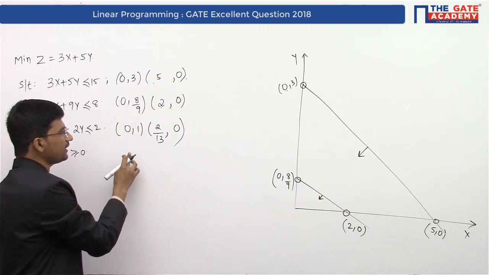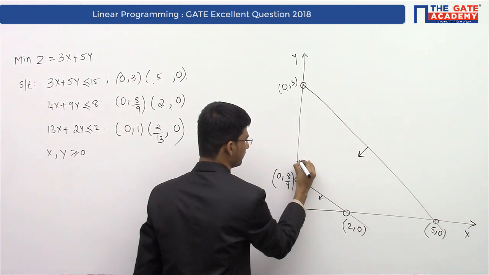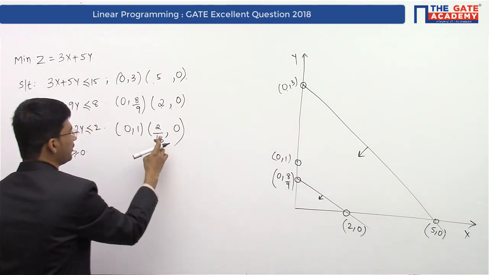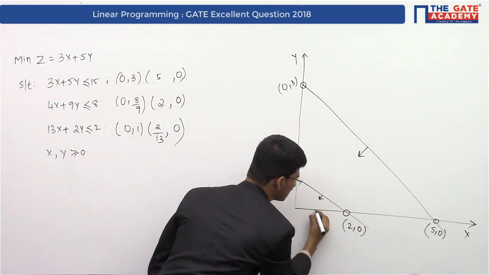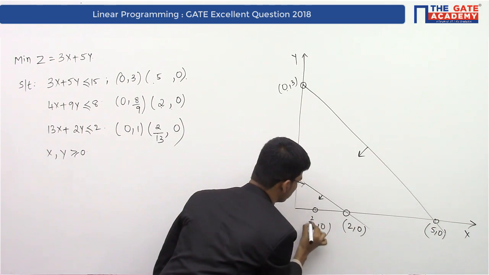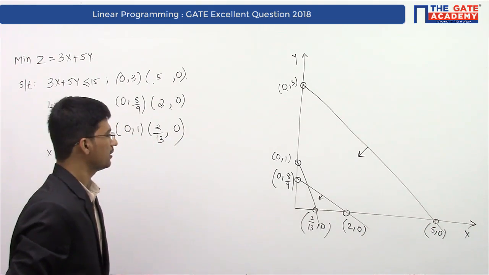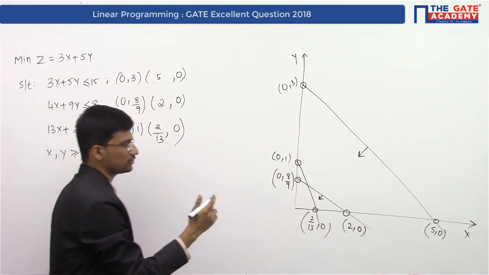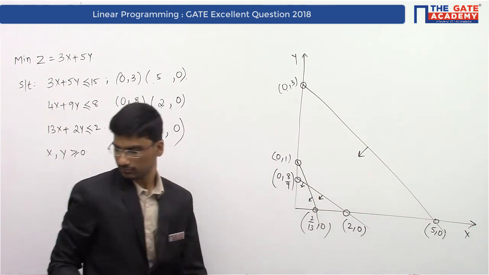Now the next constraint 0, 1. So 0, 1 may be somewhere here, right? And 2 by 13, 0. So maybe 2 by 13, 0 may be somewhere here, which is 2 by 13, 0. Now we got a straight line equation again like this. Okay. Now our region will be again less than or equal to type. So this will be towards the origin, right?